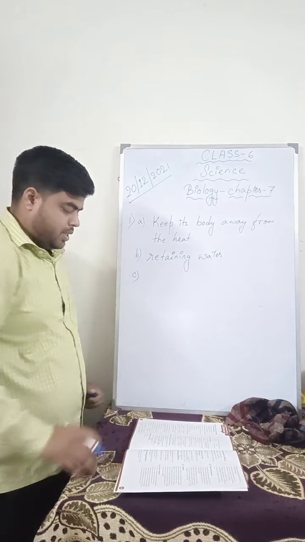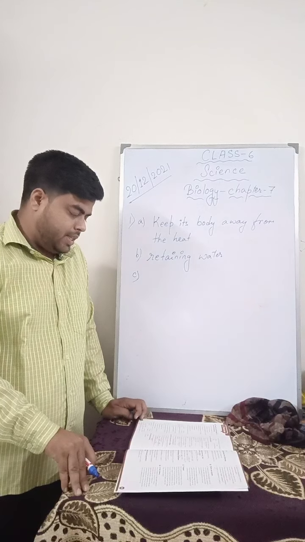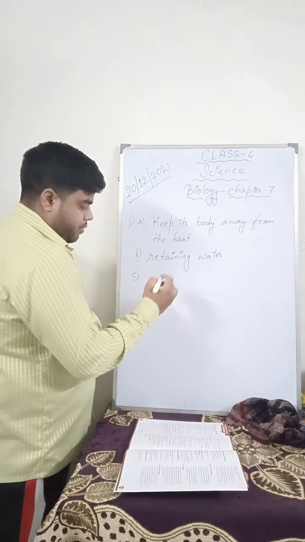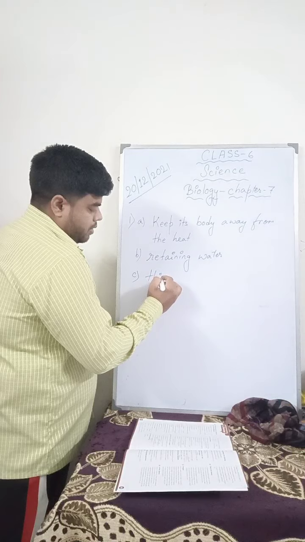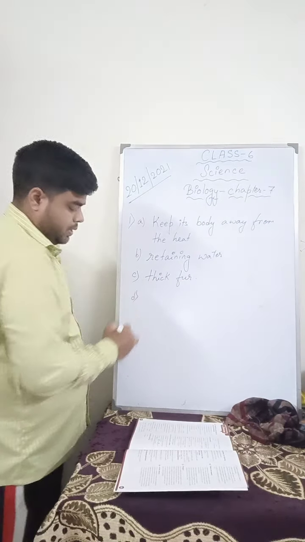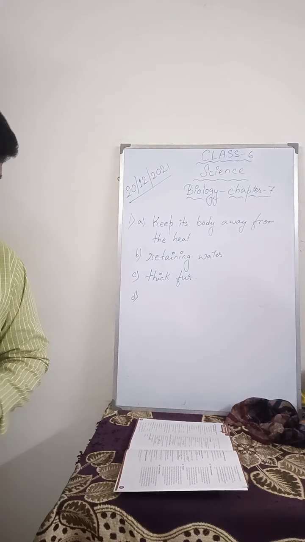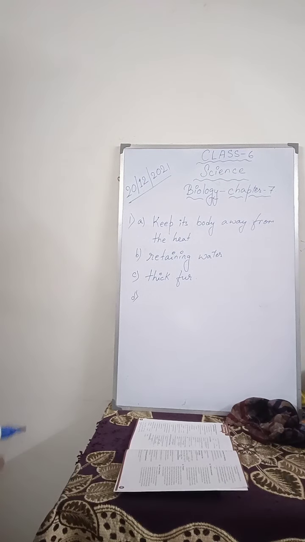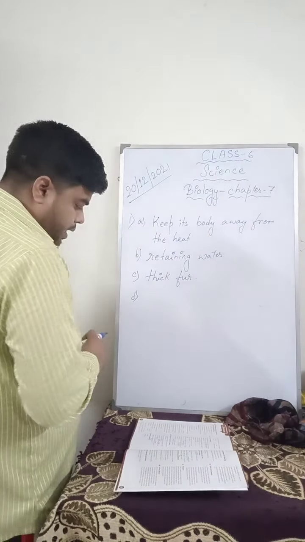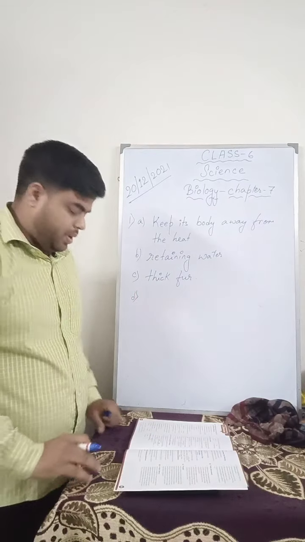Number C. Animals living in mountainous regions have thick fur. Now, number D. The trees that grow in mountainous regions have cone-shaped and sloping branches.